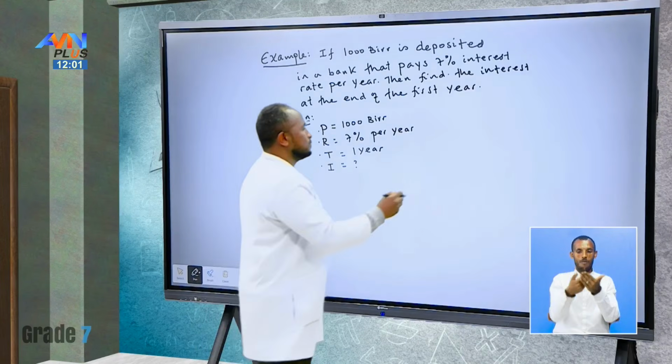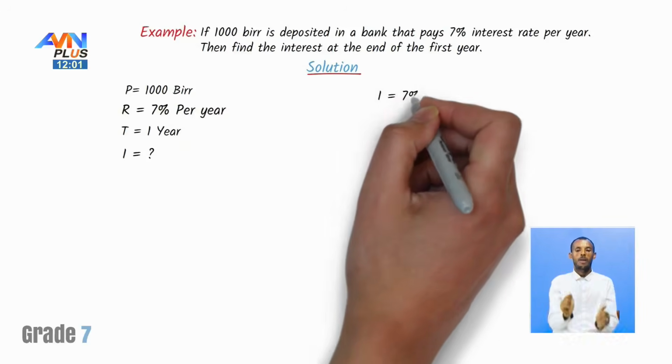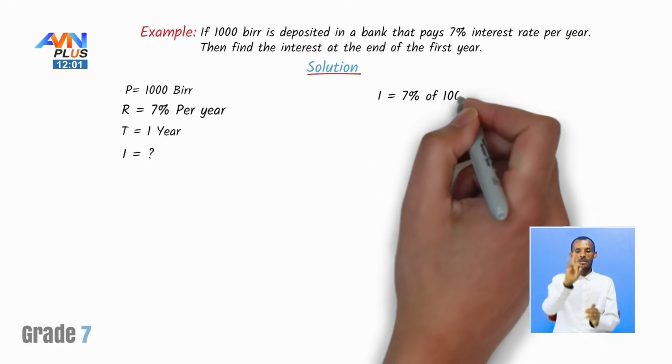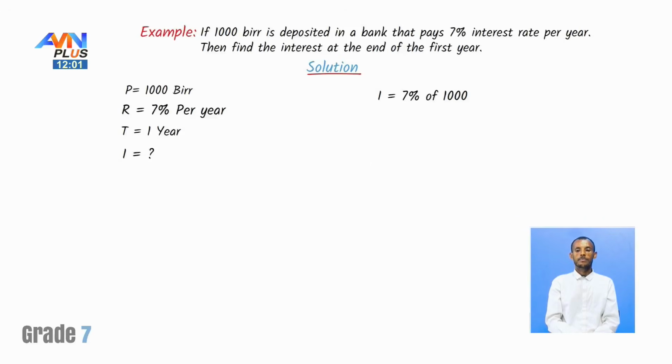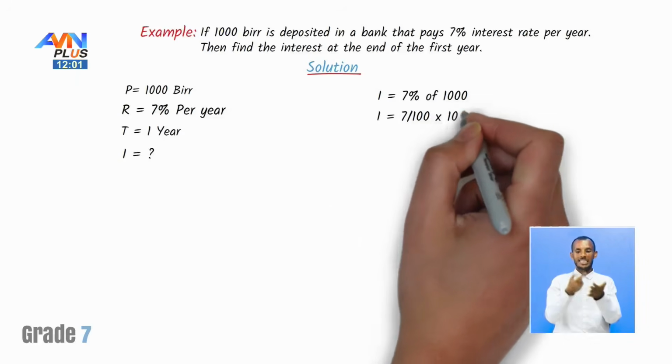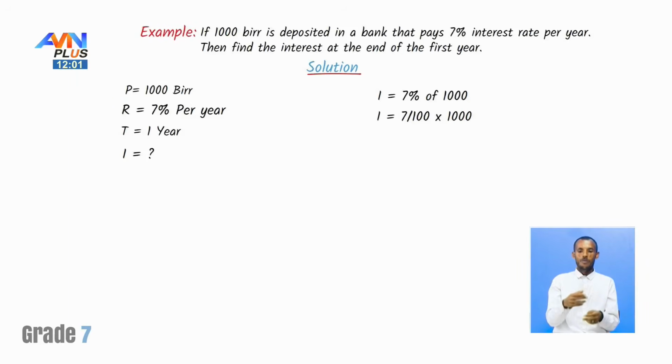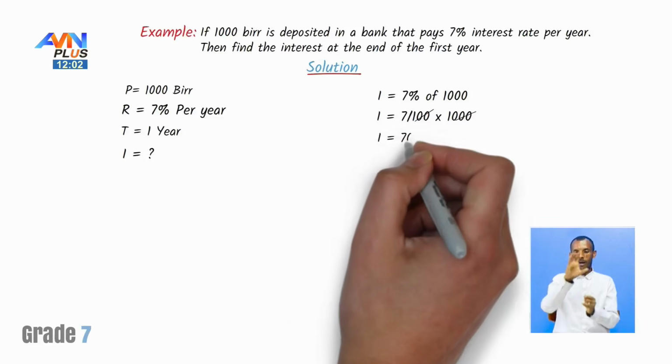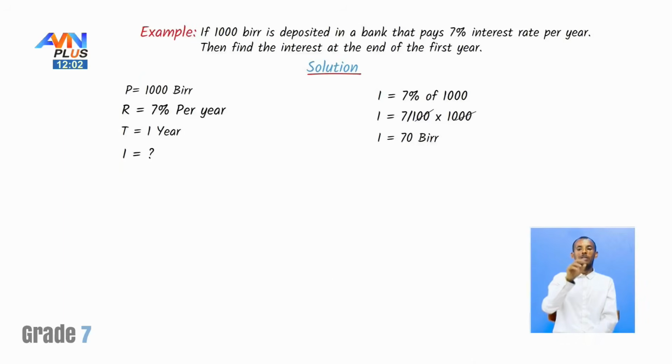Therefore, the interest is 7% of 1,000, which is the product of the two: 7/100 times 1,000. The 100 and 1,000 cancel out to 10, and 7 times 10 is 70. Therefore, this will be the interest at the end of the first year.